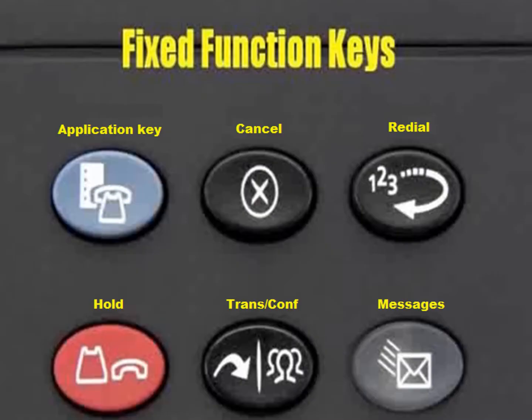The next series of keys below that are the fixed function keys. These are all the keys for transferring and holding and all that good stuff. Let's start at the top with the blue key, which is the applications key. The applications key gives you a lot of the settings of the phone, things like language settings and contrast on the displays of these 20s, 30s, or 40 sets that are out there.